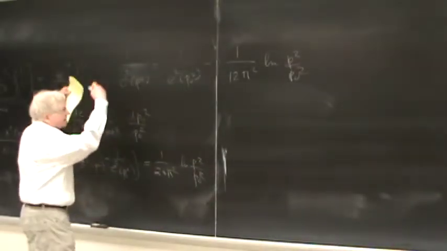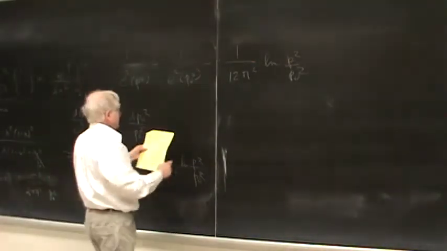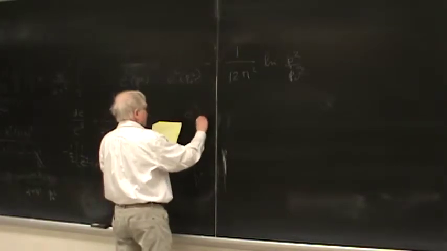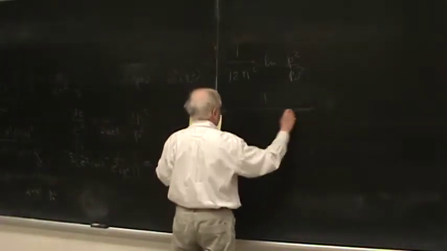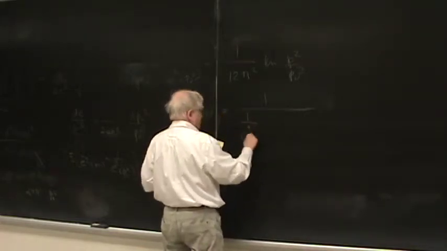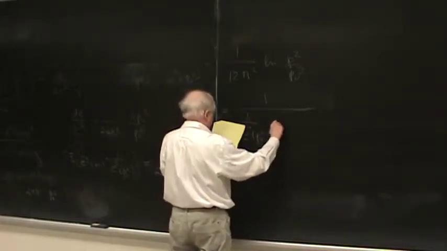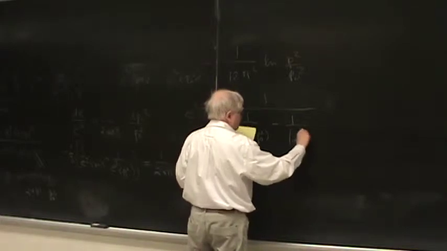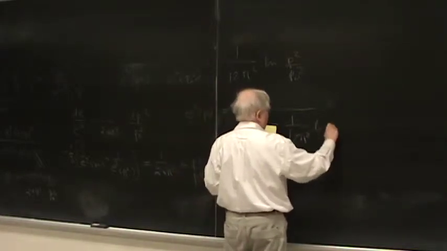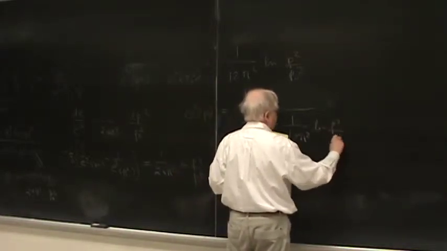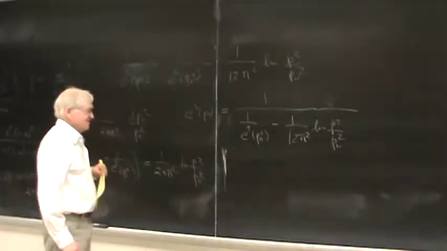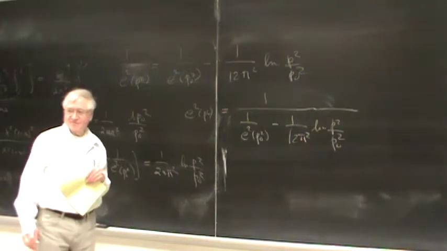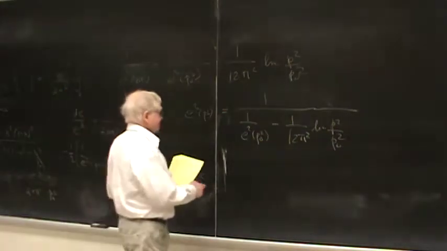Now you just turn the equation upside down and you get e squared of p squared is equal to 1 over [1 over e squared of p0 squared minus 1 over 12 pi squared log p squared over p0 squared]. And this looks perfectly awful until you realize you can multiply top and bottom by e squared of p0 squared.